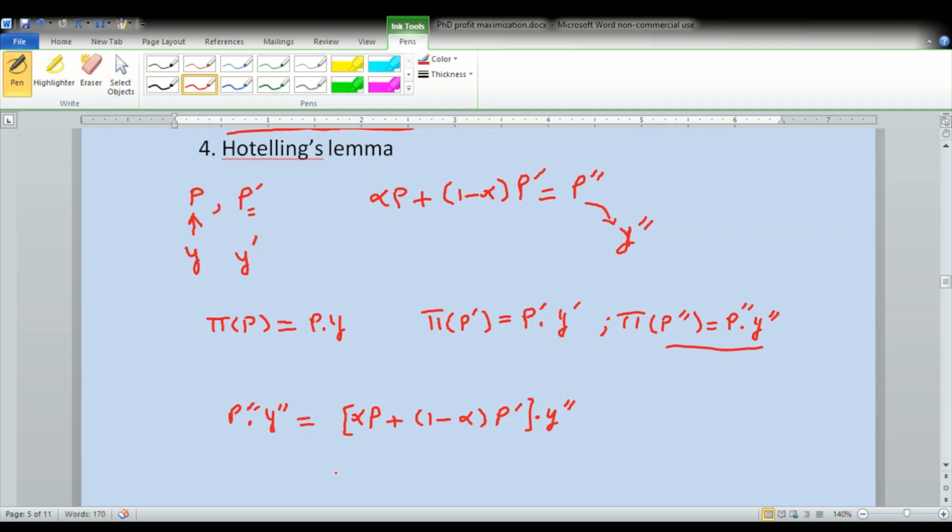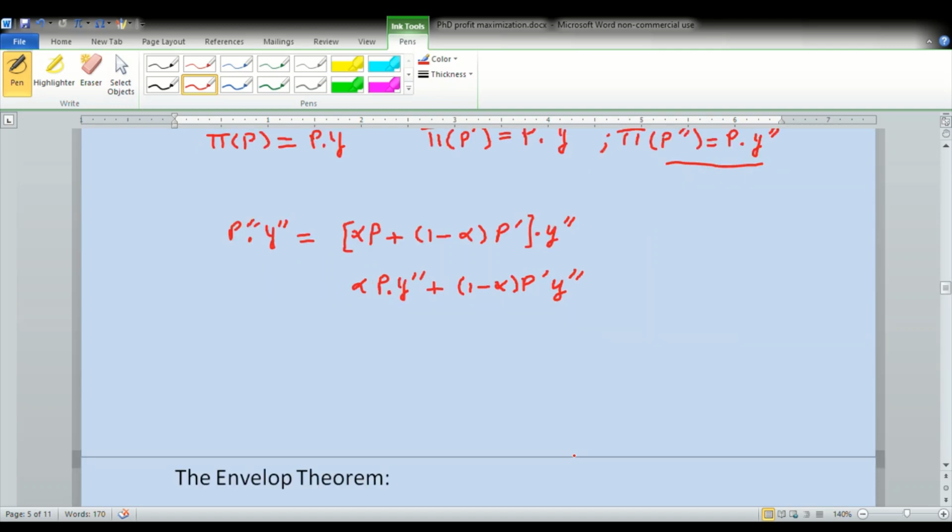Now I want to open this bracket. So this is a vector, I'm talking about the dot product again: alpha P dot y double dash plus 1 minus alpha P dash dot y double dash. So I have opened this bracket.